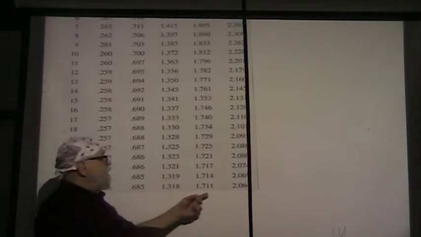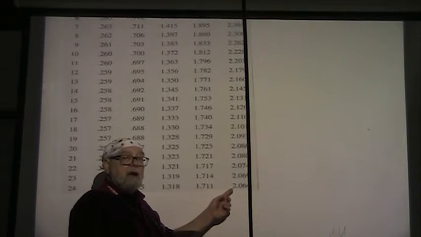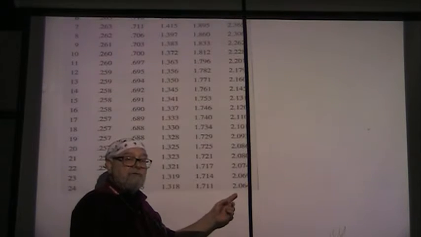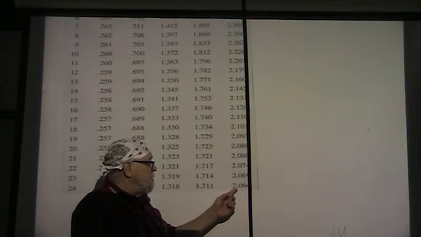Right? So I come over here and I have my T of 0.025 with 24 degrees of freedom as 2.064.